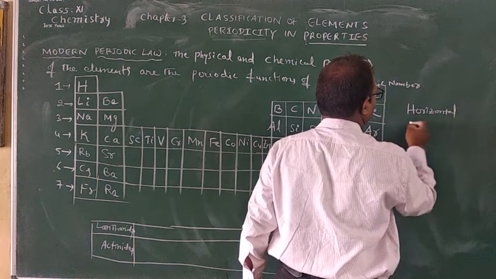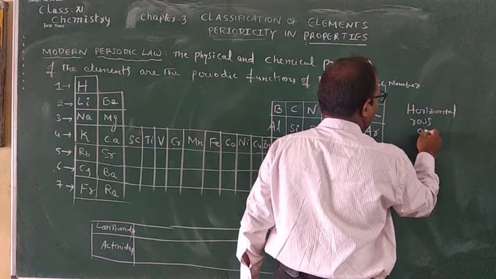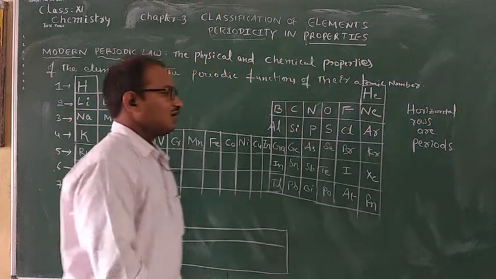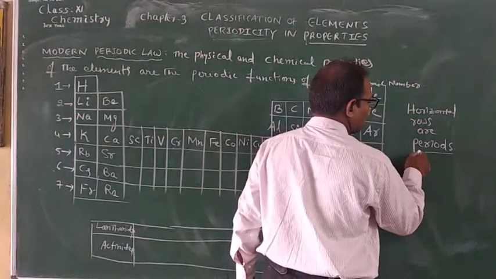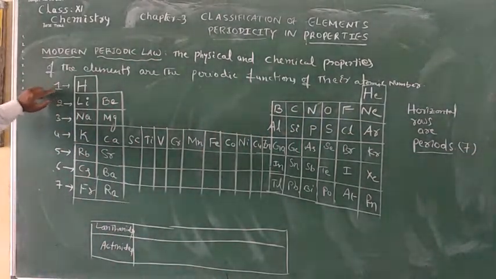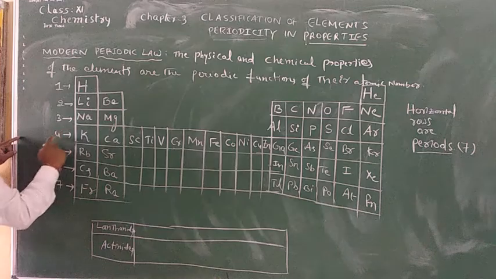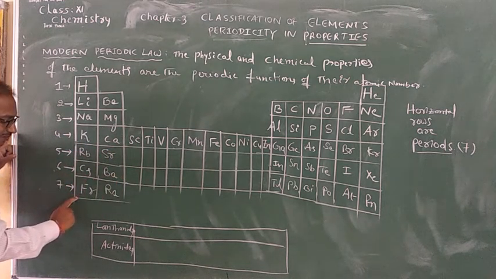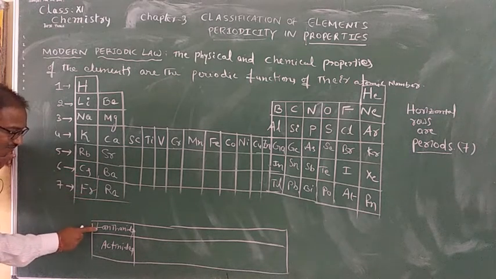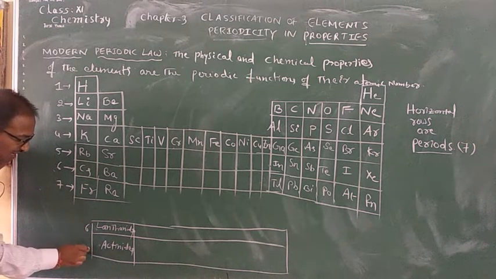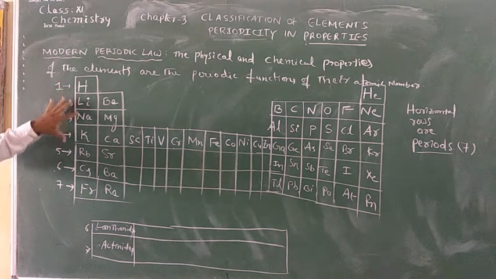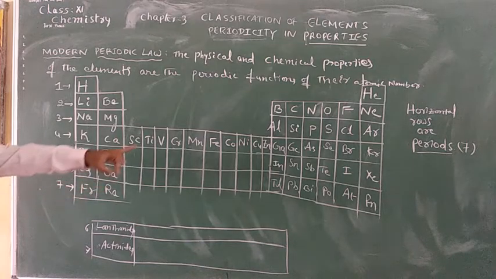Horizontal rows are periods. Total how many periods are there? Seven periods. First period, second period, third, fourth, fifth, sixth, seventh period. The lanthanides come under the sixth period and the actinides under the seventh period. So you find only 7 periods in the periodic table.